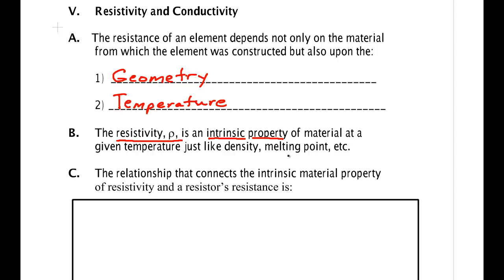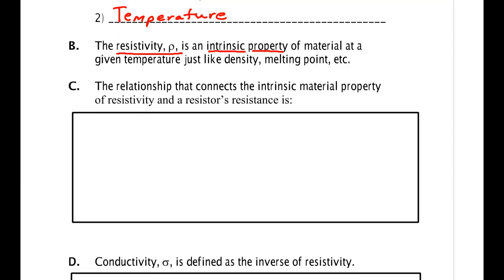It's much like density is to mass, where we've taken this geometrical shape stuff out of the problem. The relationship between this intrinsic material property called resistivity and resistance is the following formula.